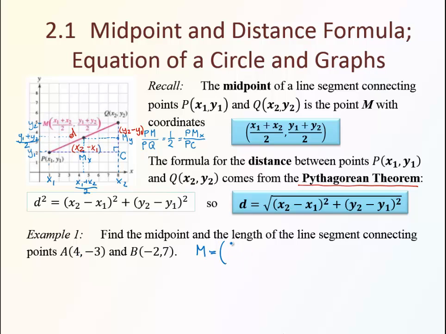So we go (4 plus -2) over 2 and (-3 plus 7) over 2. Now it's enough to simplify, so we have 2 over 2, which is 1. And here we have 4 over 2, which is 2. So the midpoint of this line segment AB has coordinates 1 and 2.